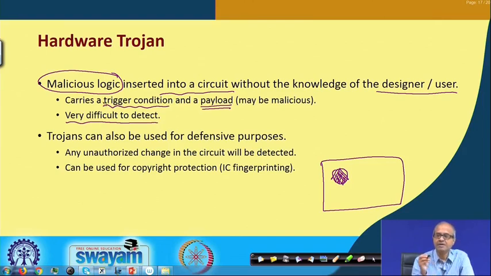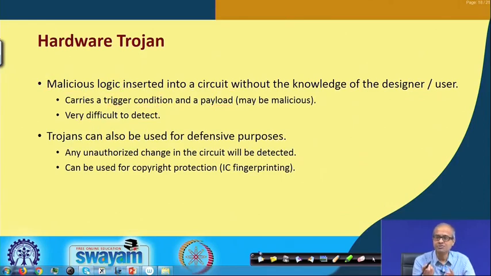This is how an attacker can use Trojans to do something malicious. Well, these Trojans can also be used from the other side, from the ethical side, like you can use it for defensive purpose. When you are designing an IC chip, you want that someone should not steal your design.